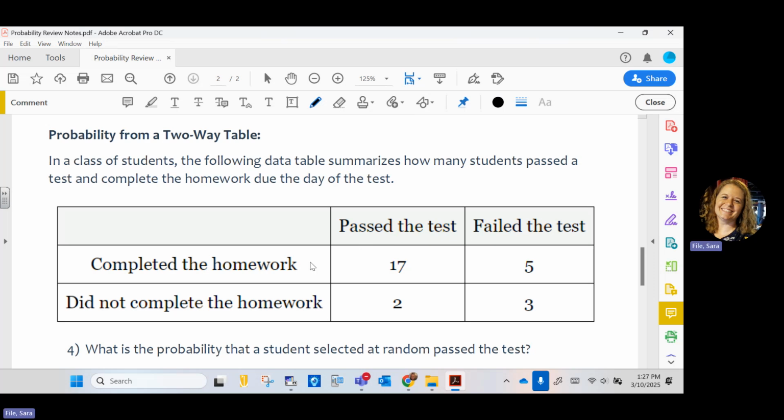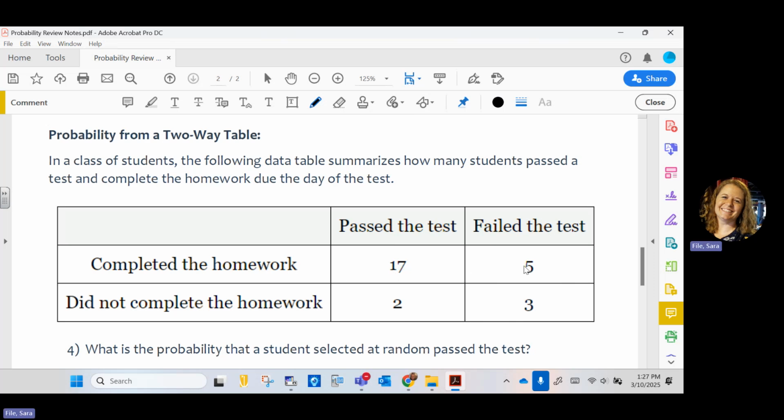So we've got our columns and our rows labeled. Now, this doesn't tell us totals. So out to the sides of your rows or under your columns, it may be helpful to you to write your totals. So how many total students completed the homework?